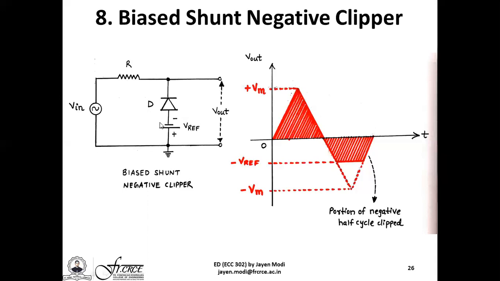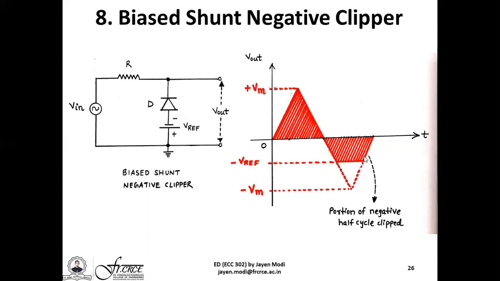Once this barrier is now overcome, the diode turns on, and once the diode turns on, it behaves like a short circuit. So this negative voltage directly appears across the output terminals over here given by the Vout.